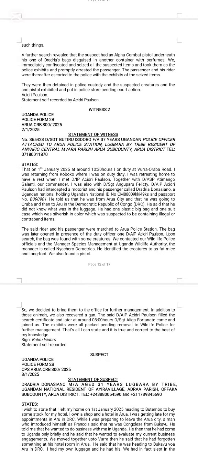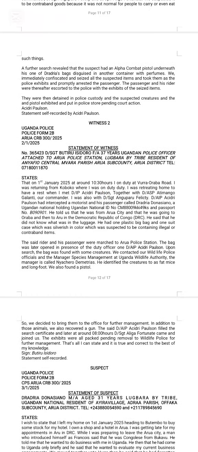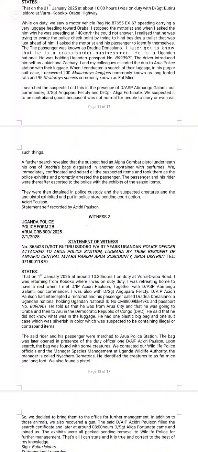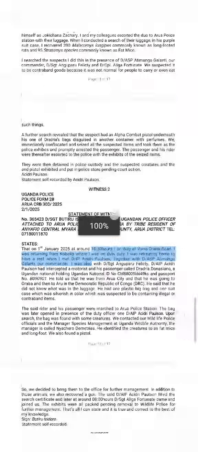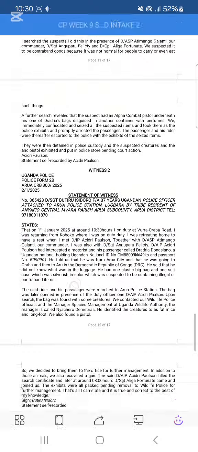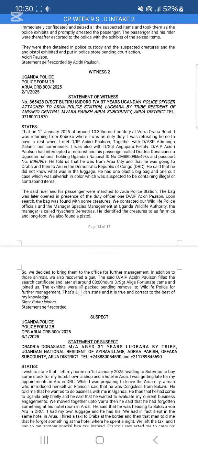A further search related to the suspect found an Alpha combat pistol underneath one of Dadria's bags, disguised in another container with perfume. So basically here is unlawful possession of firearms and also possession of prohibited species. Those are the two offenses we can identify.